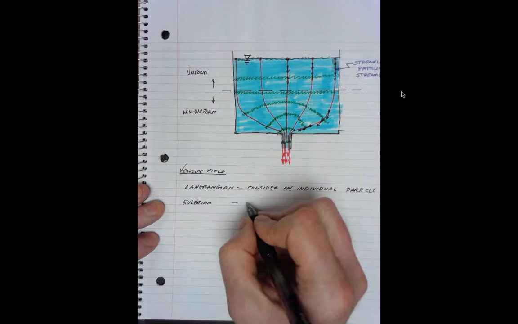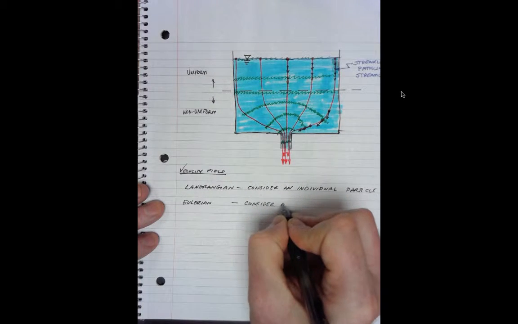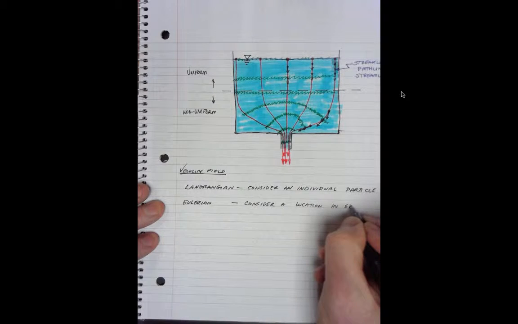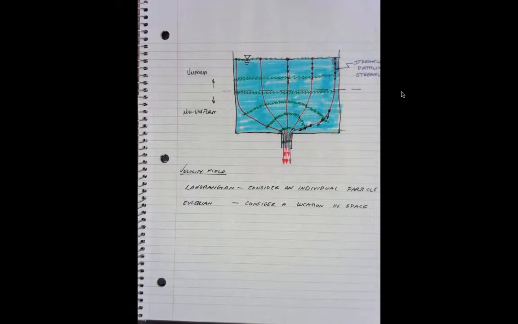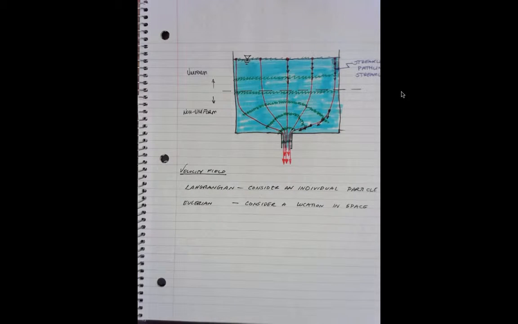In Eulerian, we consider a location in space. Back in your other engineering mechanics classes, when we talked about systems, things behaved as rigid bodies or points, that was largely an implicit Lagrangian statement because we had tools to analyze that. Fluids can be a little bit more complicated because we often have to switch between the two referencing systems.